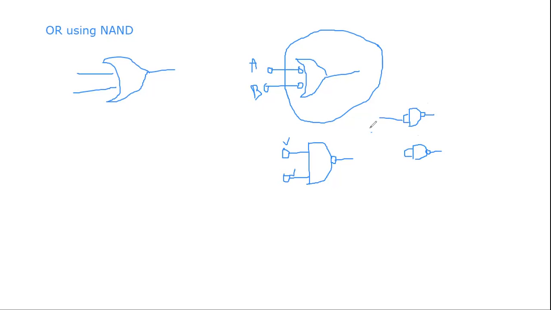So this is A, this is B. Okay. So this is the NAND realization of OR gate.